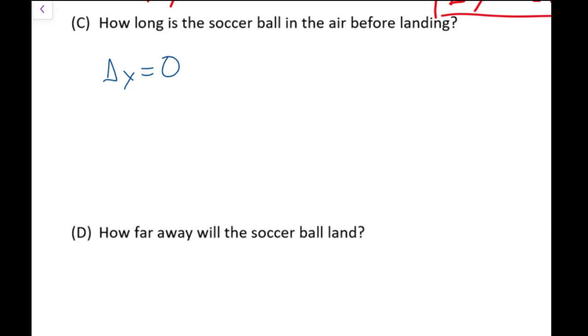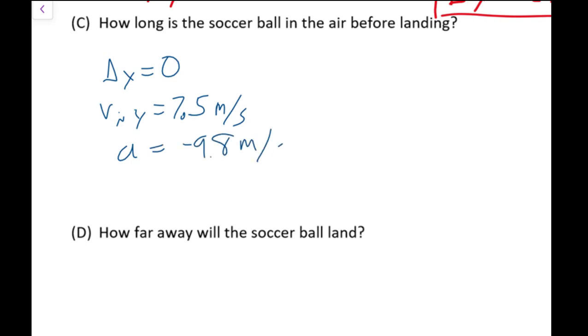We still have VIY as 7.5, and we still have acceleration as negative 9.8. Taking these three things, I'm solving for time.